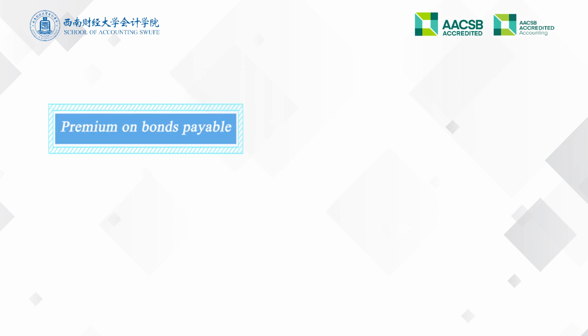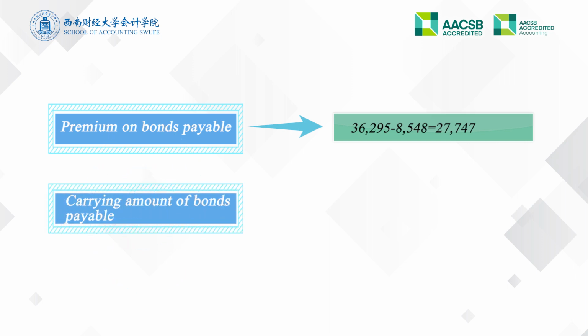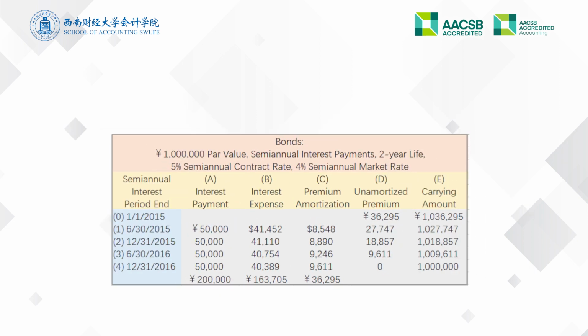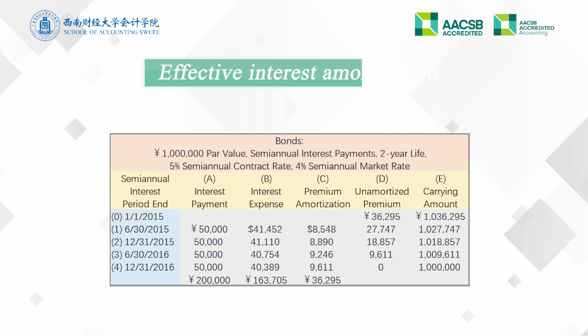After making this entry, the premium account is reduced to 27,747 yuan. The carrying amount of bonds is also updated to 1,027,747 yuan.